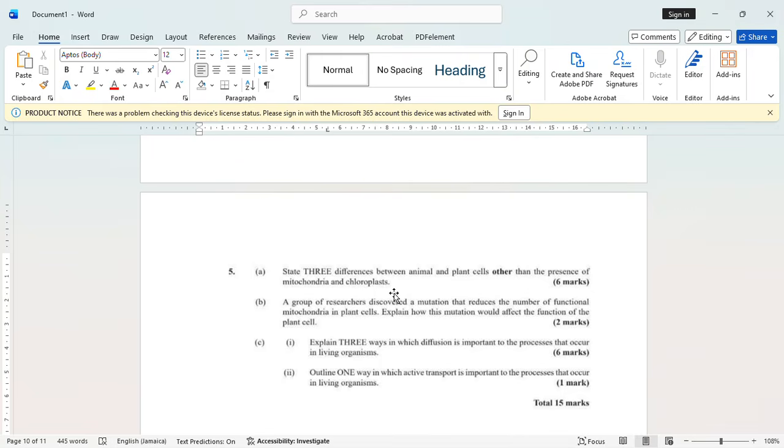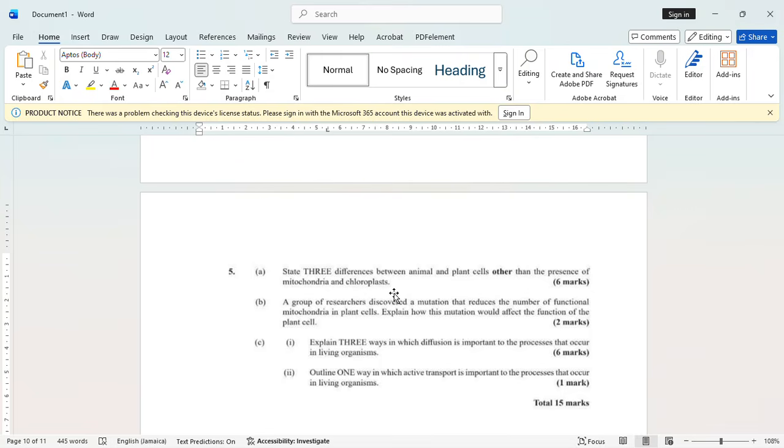So the plant cell has a cell wall, while the animal cell does not have a cell wall. We misspoke about the large vacuole. Could also mention that it is central. Some of the animal cells have them temporary. That's the other thing.